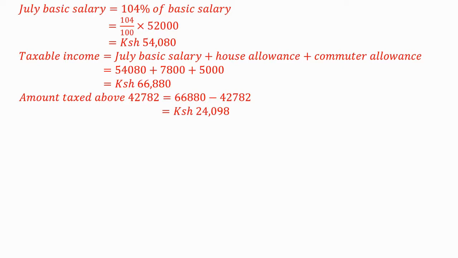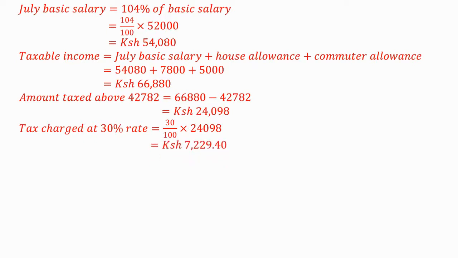Then the tax charged at that rate will be 30 over 100 times the amount taxed above 42,782, which is 7,229 and 40 cents. Since we already have the tax amounts in the respective brackets, the only bracket that will change is the last bracket.